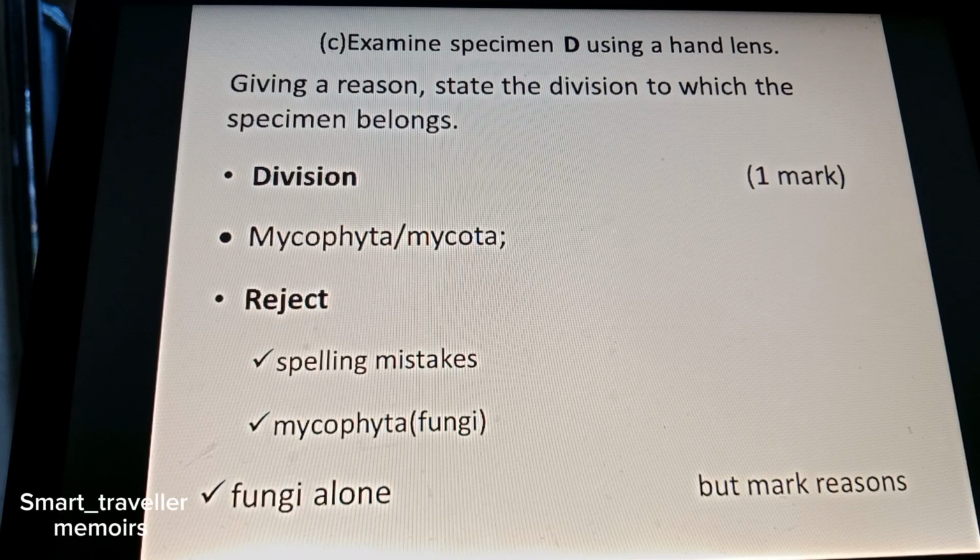Also reject mycophyta or fungi, all right? And also reject fungi alone. So mycophyta, and you bracket fungi, you spoil the answer. We just need mycophyta. But if they give fungi alone, you can mark the reasons.